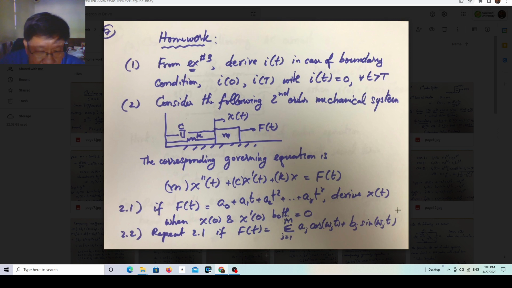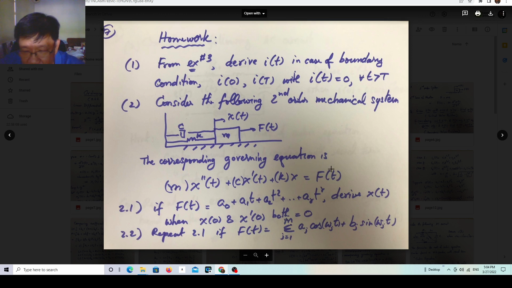But we're going to change this a little bit for this math problem after you finish 2.1 and 2.2. If the force function is a combination of several sinusoids, a_j cos(omega_j t) plus b_j sin(omega_j t), with m terms in general, j equal to 1 to m. Just try to think a little bit.